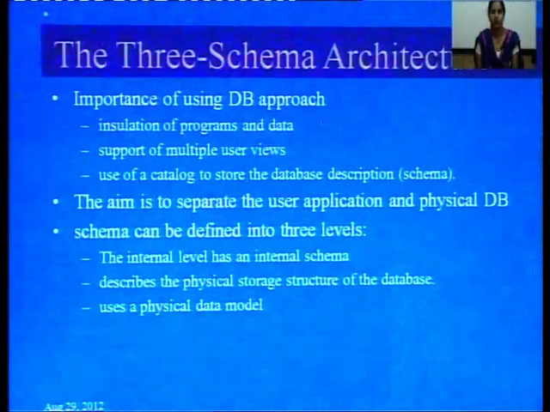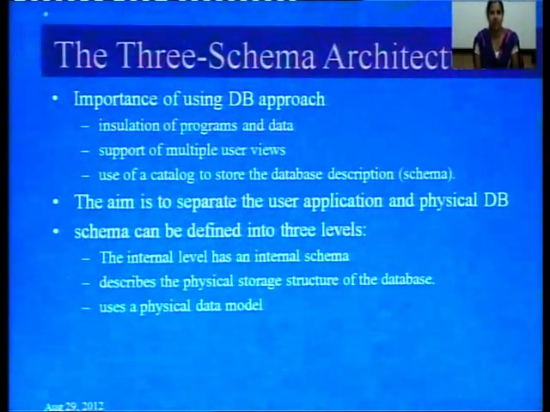The aim of this architecture is to keep these two things separate. The conceptual level does not care how the data is stored in the database, and the physical level does not care how the application is visible to the user.